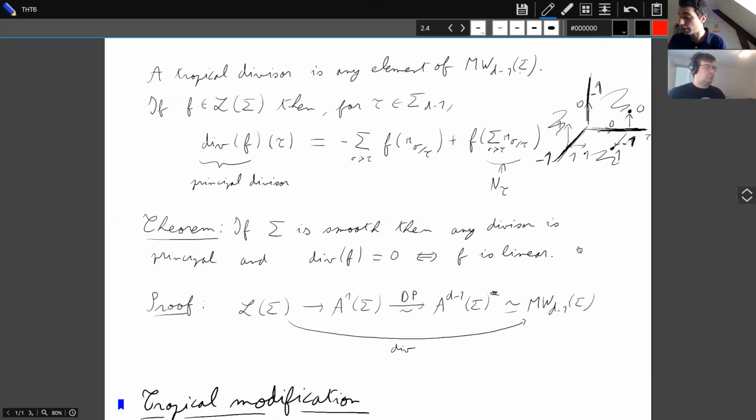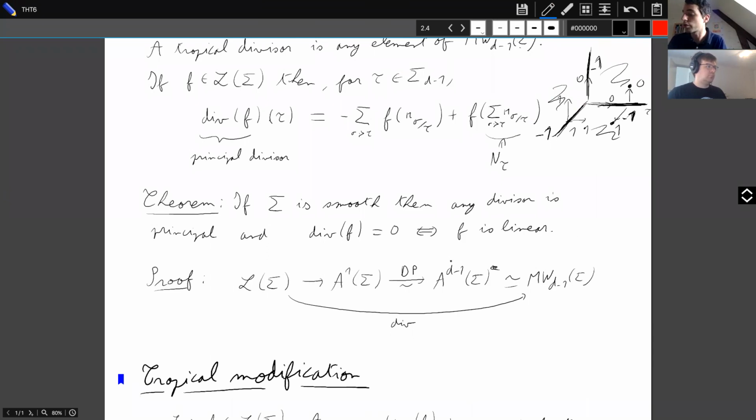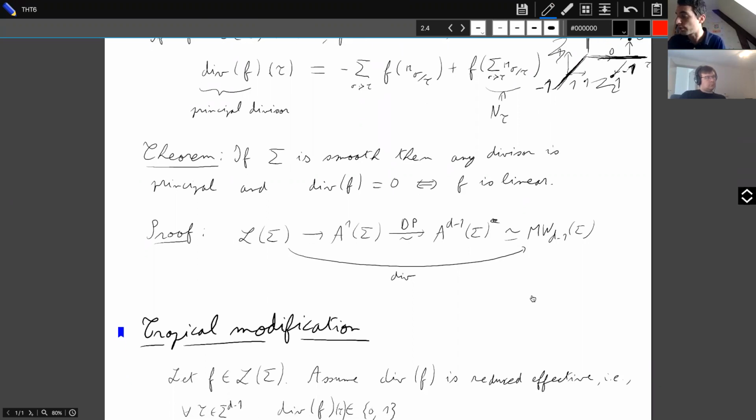Okay, and it happens that if sigma is smooth, we have the property that any divisor is principal. So you can take any element of any divisor, and it is the divisor of a function. And if the divisor of a function is 0, then F is linear. And the proof is very easy. It happens that the divisor map can be factorized: we have seen that it can go into A^1 of sigma.